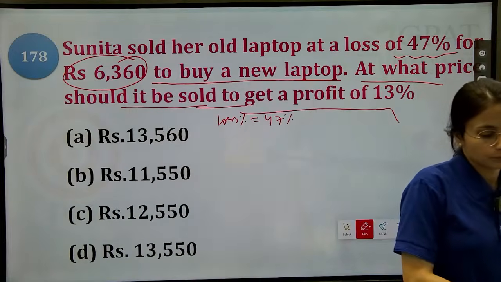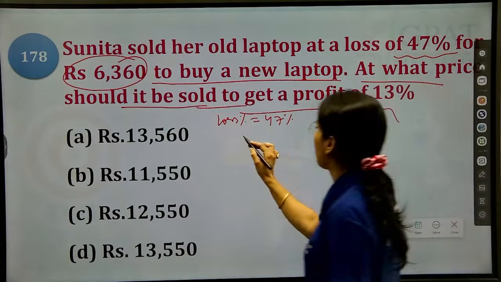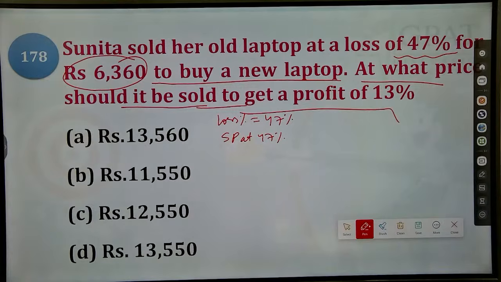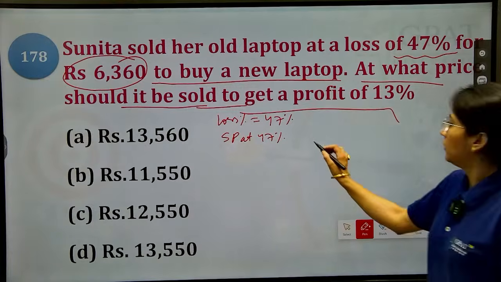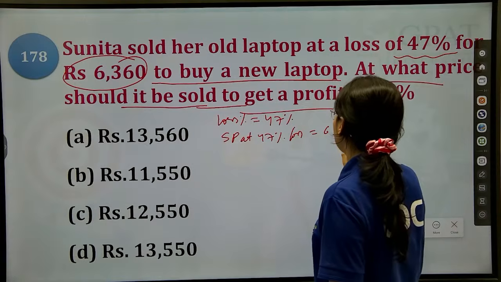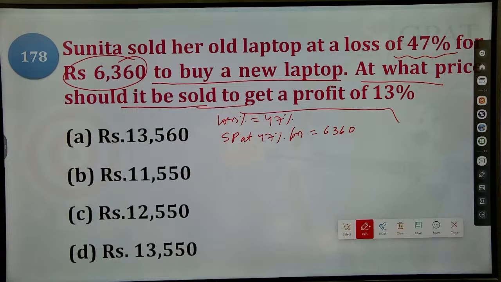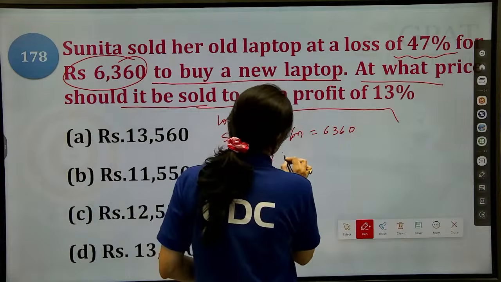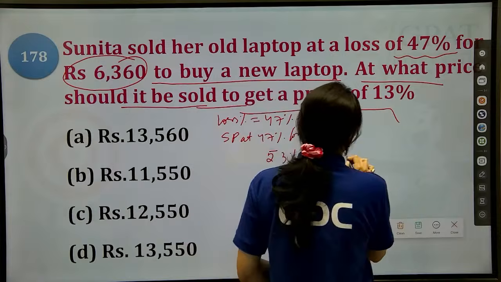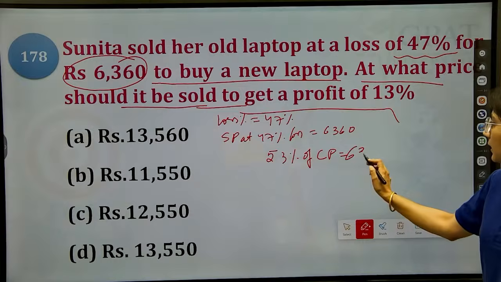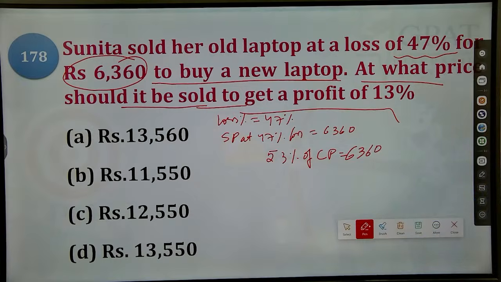Now SP at 47% loss is equal to 6360. You can also write that 53% of CP is equal to 6360. From here you will get your CP.